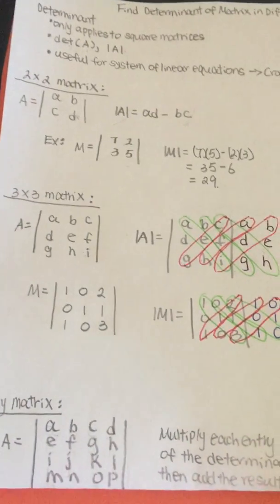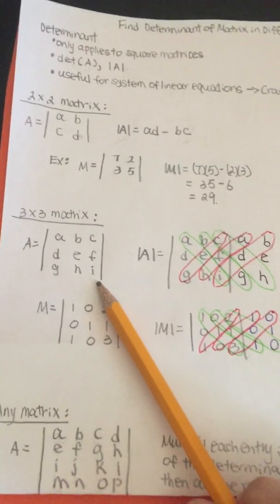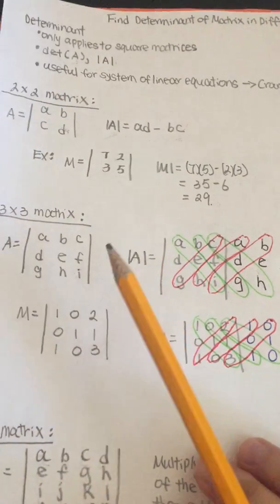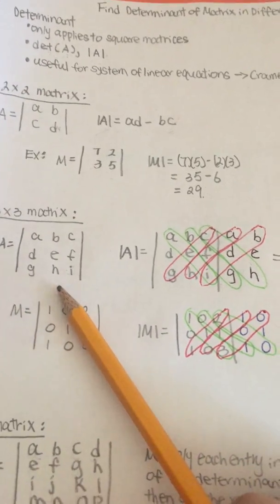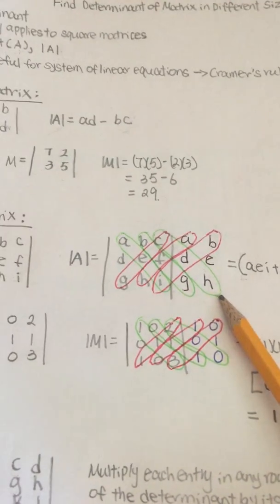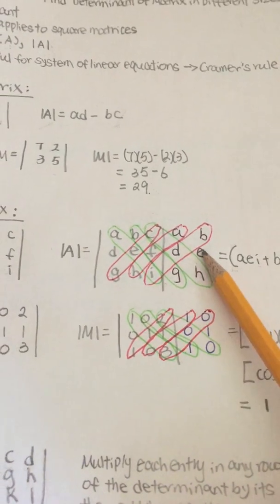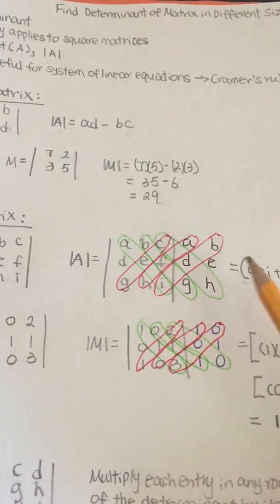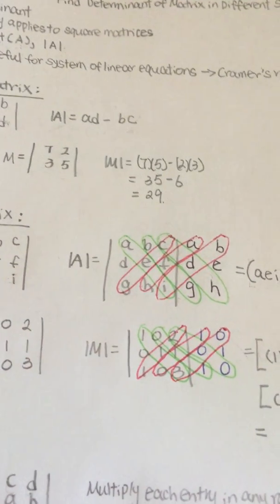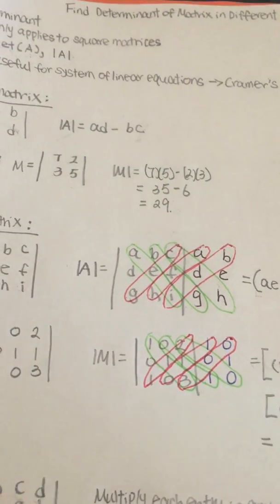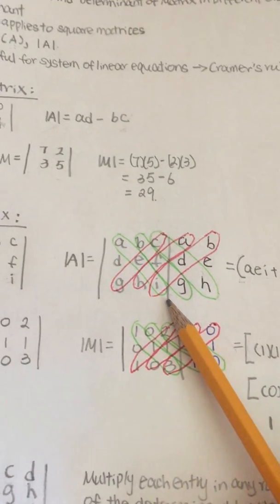For a 3x3 matrix, suppose I have a 3x3 matrix here, and if you need to find the determinant, you have to copy the first two columns over to the side. It's very important that you write out those entries, because it shows you what entries you need to multiply.